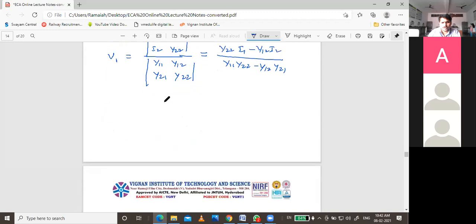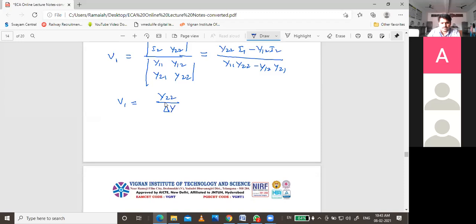So V1 equals Y22 I1 by this entire term, minus Y12 I2 by this entire term, separating the fraction. Y11 Y22 minus Y12 Y21 I am writing as delta Y, that is the determinant of the Y matrix.